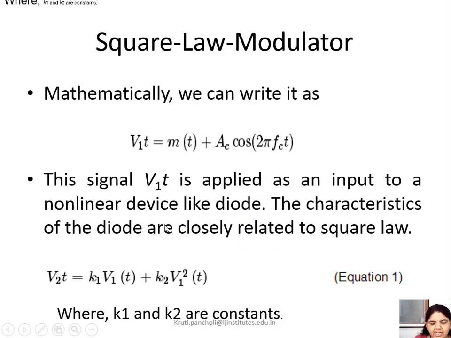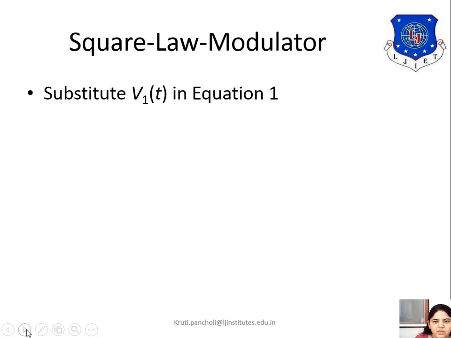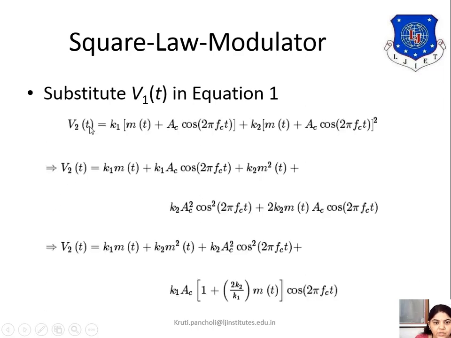So the input output relationship is v2(t) is equal to k1 v1(t) plus k2 v1 square t plus k3 v1 cube t, but we are removing the higher order elements and keeping only the first two terms, where k1 and k2 are constants. Now substituting the v1(t) value in equation 1, v2(t) is equal to k1 [m(t) plus Ac cos 2 pi fc t] plus k2 [m(t) plus Ac cos 2 pi fc t] whole square.